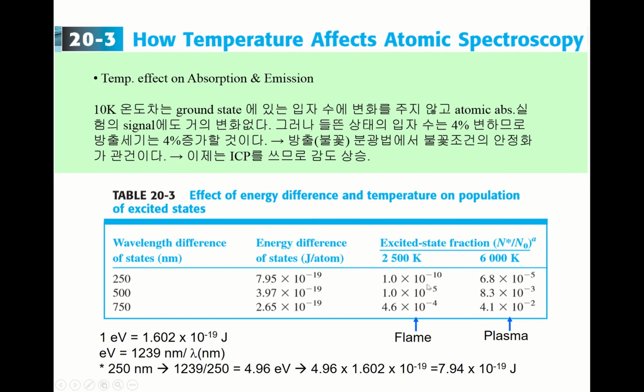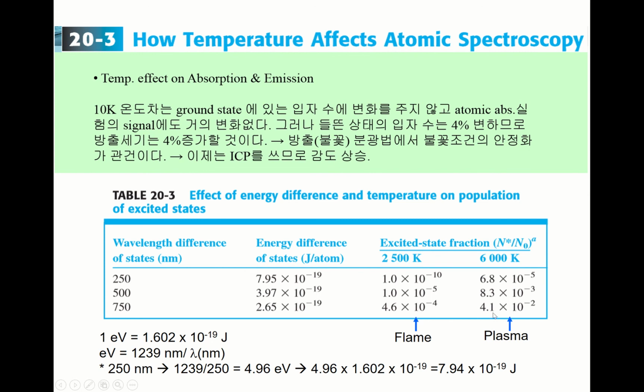Then for the excited state fraction, n star over n0 can be calculated using the Boltzmann distribution, depending on the temperature. Now you see that at high temperature, the population of excited states becomes larger and larger.